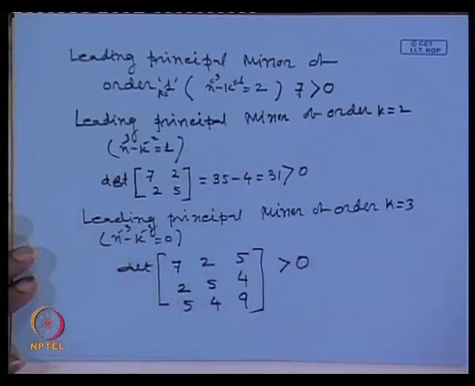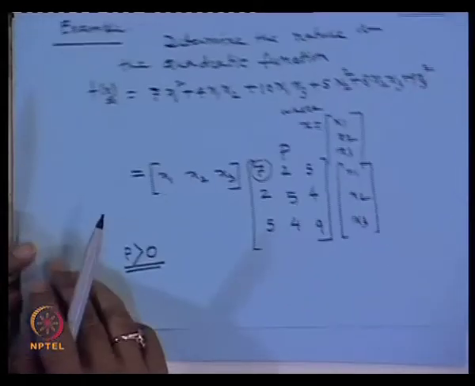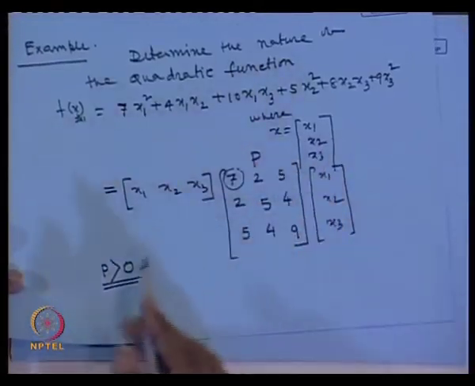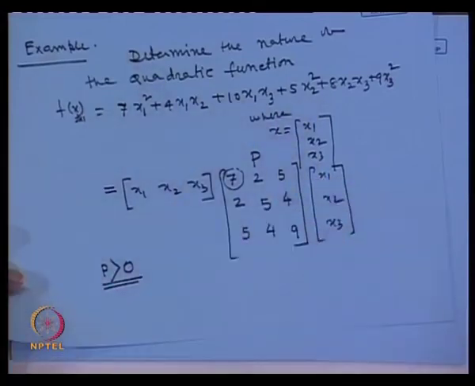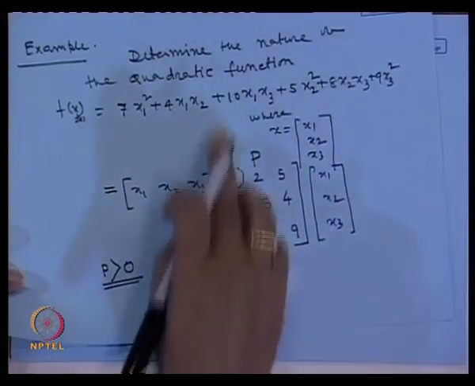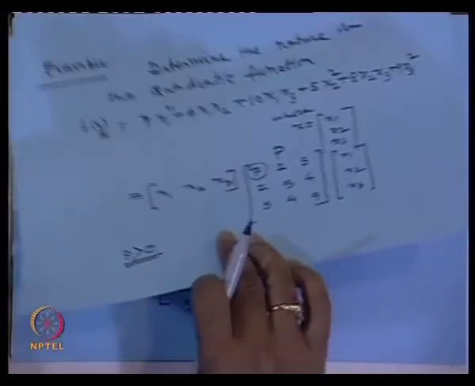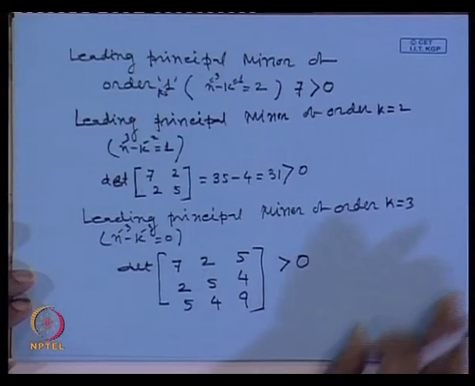That means we can say that P is a positive definite matrix. Once P is positive definite, by definition x transpose P x is always greater than 0. So, this quadratic function is positive definite.